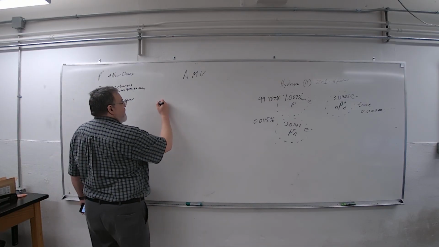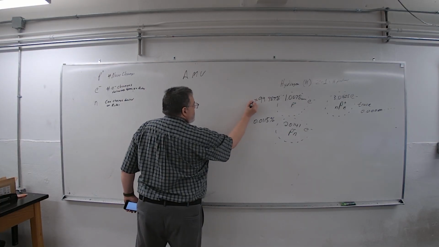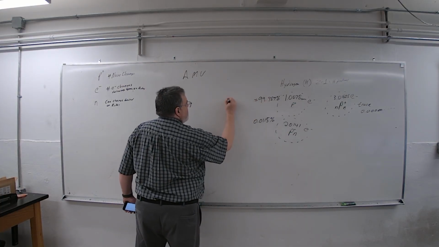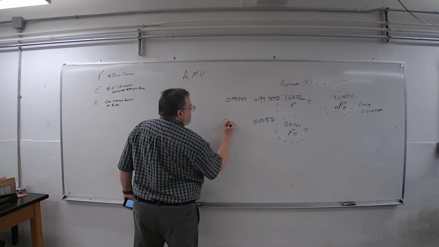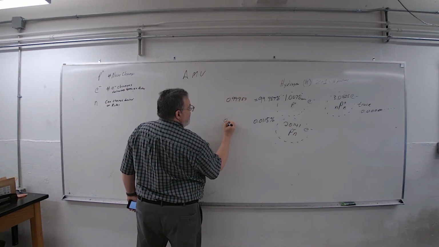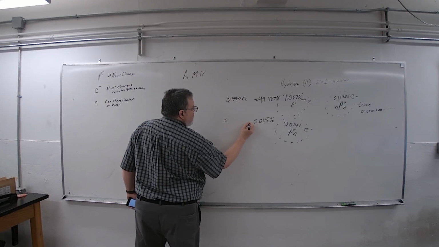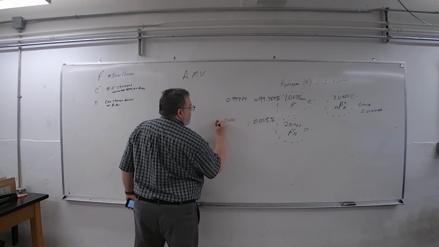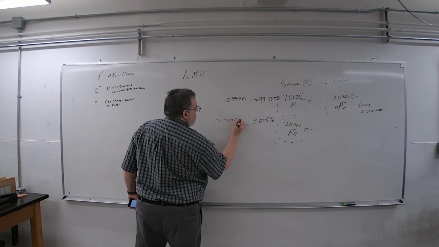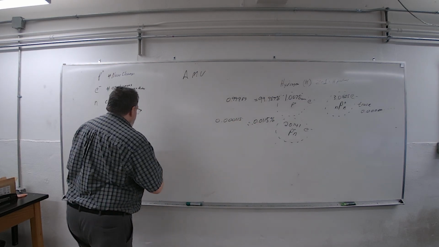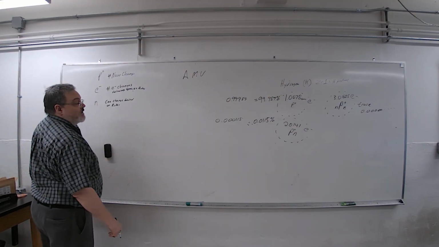So I'm going to turn these into fractions, which just moves the decimal 2 places. Move it this way. 0.000115. And the trace I'm just going to ignore.